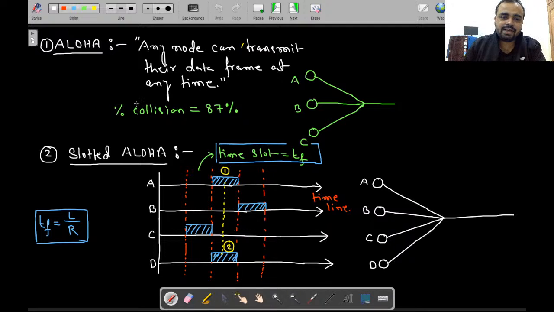So if this is happening, then this kind of condition will arise. Only the frames transmitted by C and B are uncollided. Otherwise, the transmitted frames of A and D are collided. Only these nodes have collided, the remaining are uncollided. So by restricting, in the first protocol, Aloha, and in the next protocol, slotted Aloha, we have created some restrictions, and by imposing them we are reducing the rate of collision.